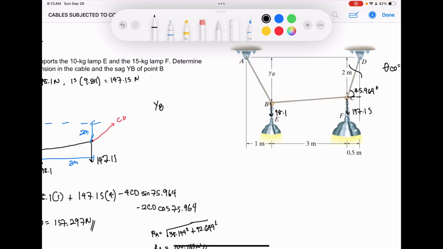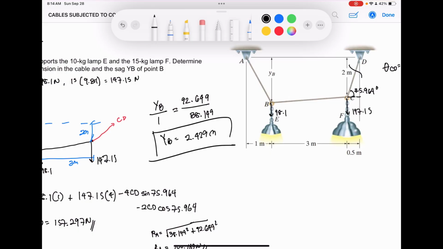YB all over 1 is equal to 92.649 all over 38.149. Y sub B is equal to 2.429 meters. Nakuha na tayong answer.